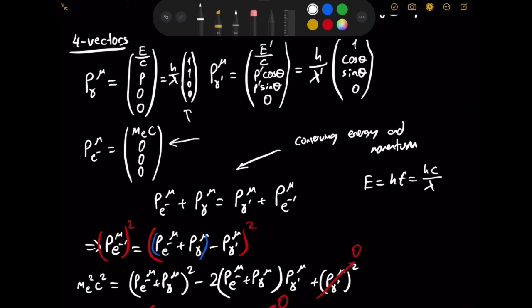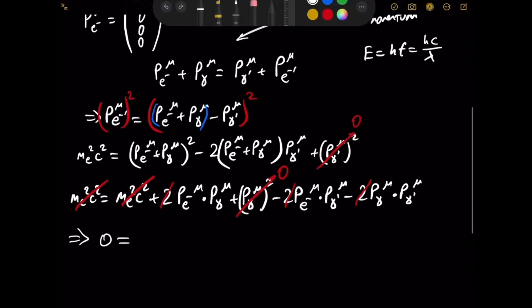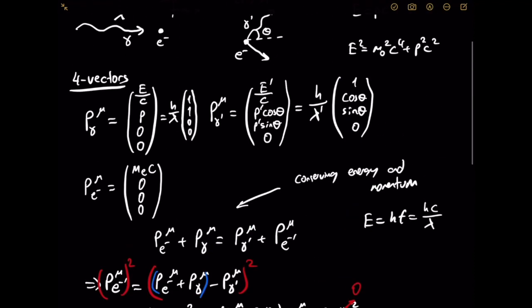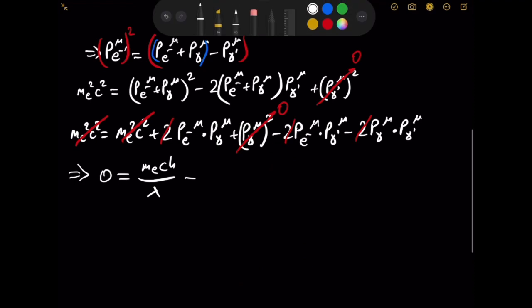And you subtract the rest, but since this is a 0 and the others are 0, it just cancels out. So you get m e c h over lambda. So that's handled, and minus. The first guy is still looking pretty much the same, only difference is lambda prime.